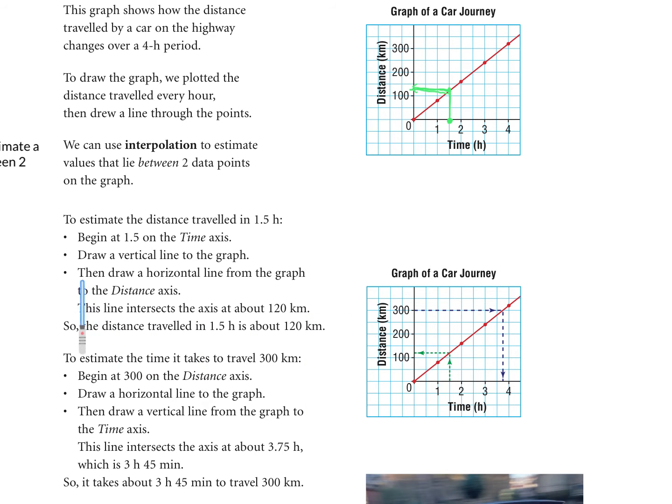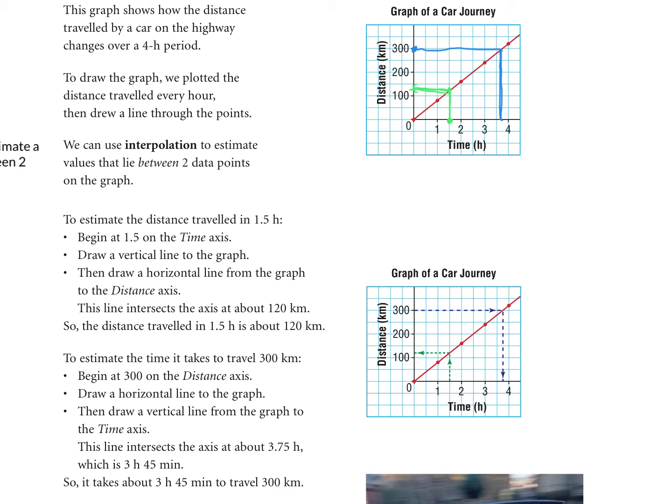Now, the next thing it says is they want to estimate the time it takes to travel 300 kilometers. So if they were to travel 300 kilometers, which would be right here, we can mark that on our graph right here. This comes straight across till we hit the red line, and then we come straight down. We can see it's over 3.5, but not quite 4 hours.